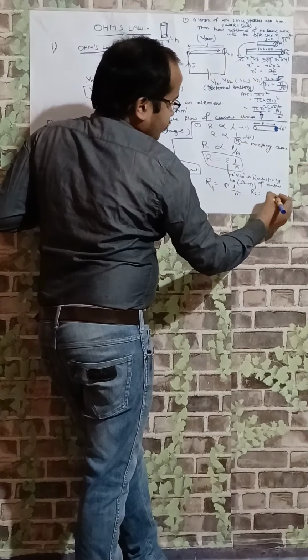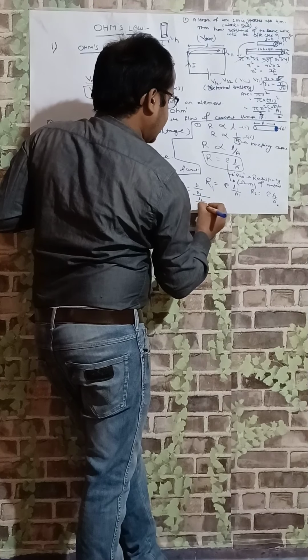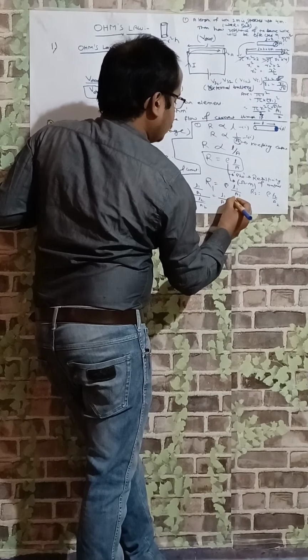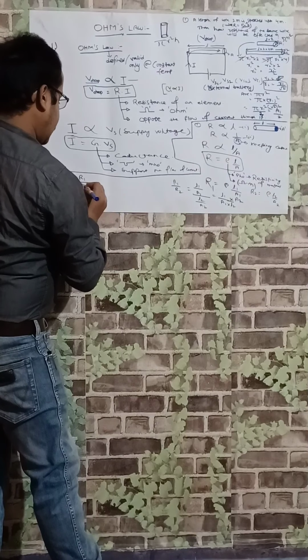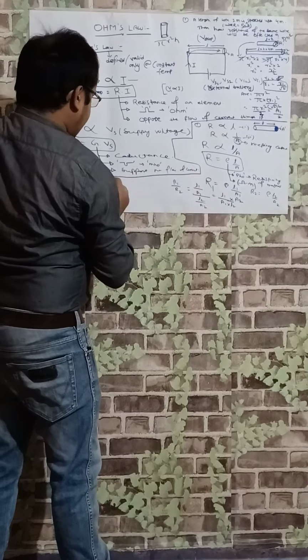So R1 upon R2 is equal to L1 by A1 upon L2 by A2, which means L1 by A1 into A2 by L2. L1 is 2 meter. A2 means A1 by 2.